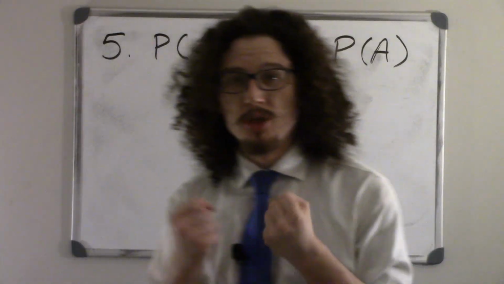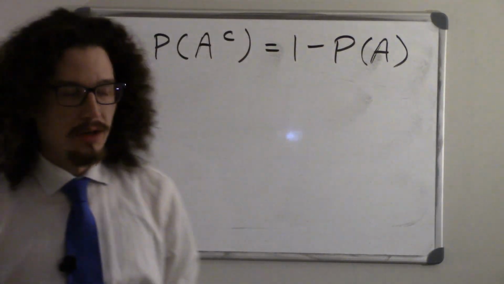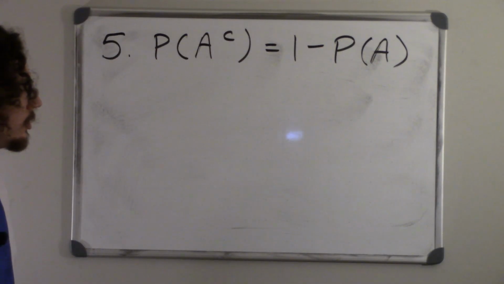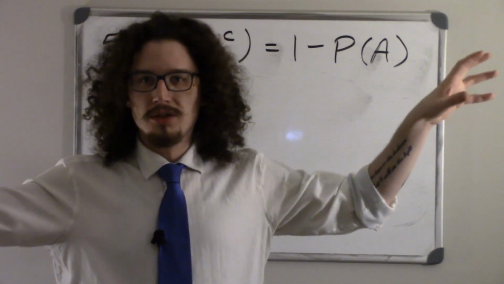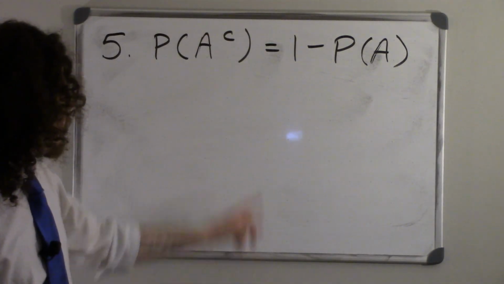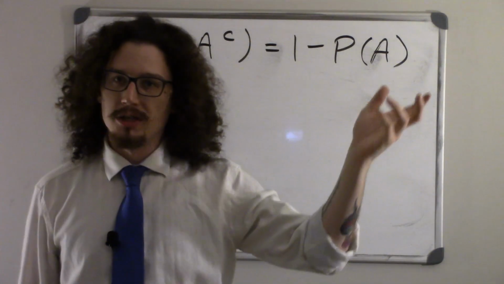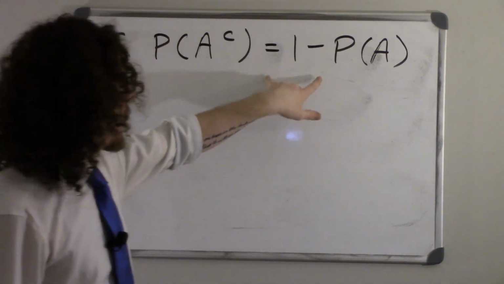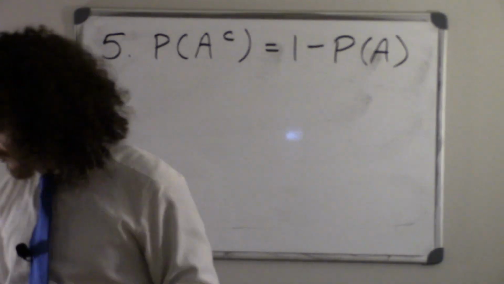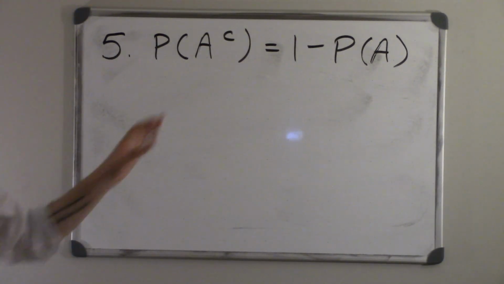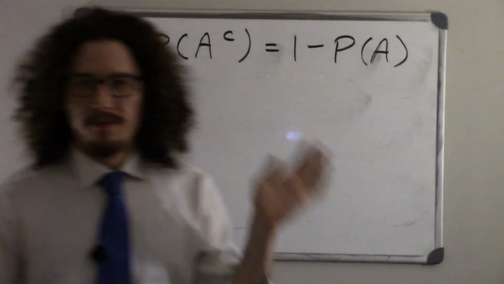The probabilities of all of our outcomes have to sum to 1. If you split those outcomes into 2 events, then their probabilities must also sum to 1. And so that's what we're seeing here.